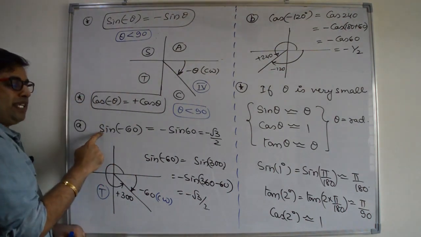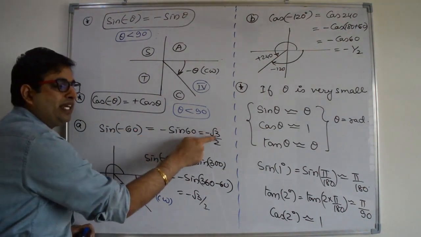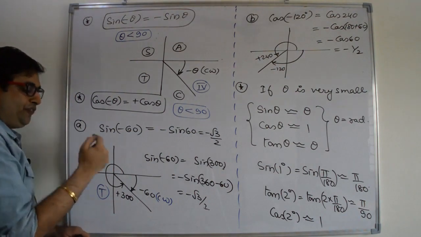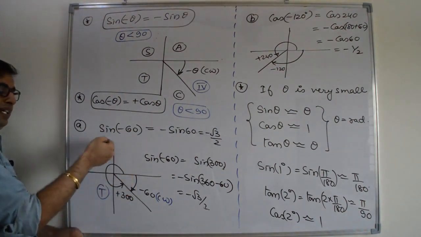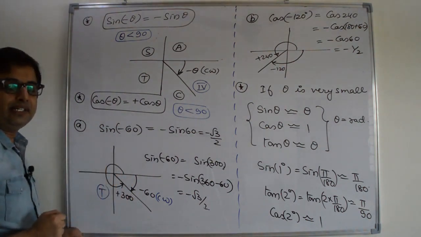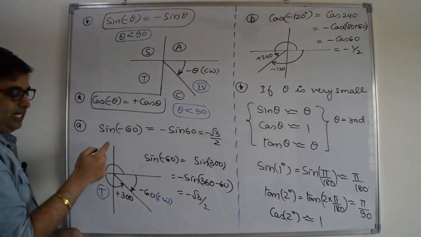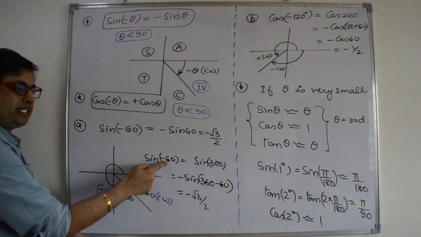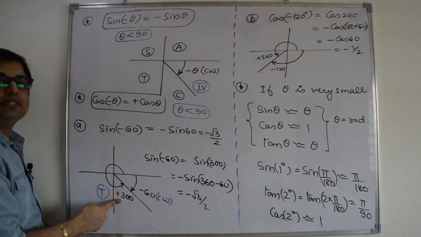From this method, sine minus 60 degrees is minus sine 60, that is minus root 3 by 2. If I take this minus 60 degree angle in the anti-clockwise sense, then this line will make a 300 degree angle, because 300 plus 60 will be 360, right? Instead of taking clockwise minus 60, I am taking anti-clockwise, then it becomes 300.